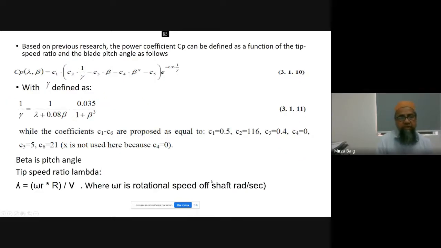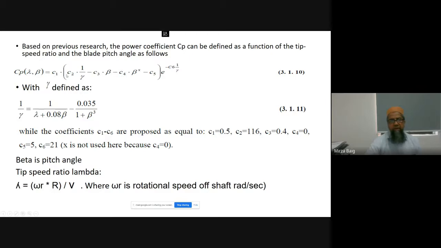The power coefficient Cp is a non-linear coefficient, and it depends on the pitch angle beta and lambda.